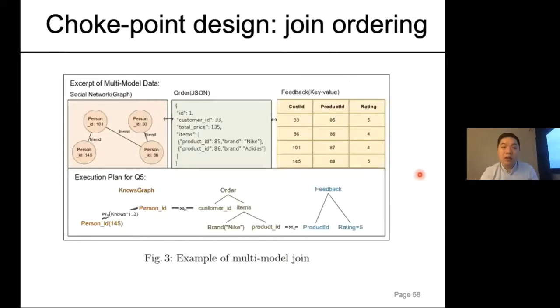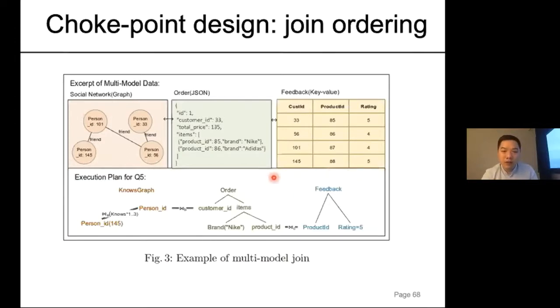As for the join ordering, it requires the query optimizer to find the optimal join order for the given multimodal customer and product brand. The goal is to return these customers' friends within 3 hop friendship who have bought the products in a given brand, and these products have 5 score reviews by the friends.